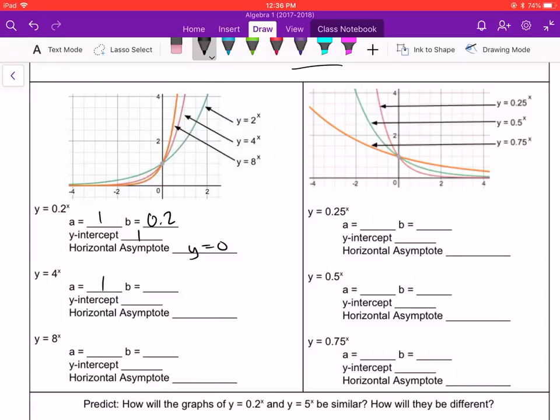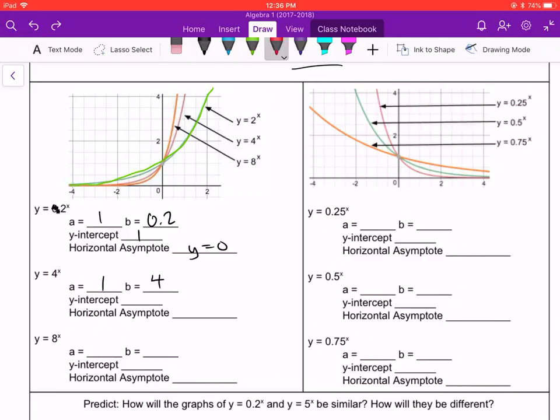If I have a y-intercept of 1, but I change b to 4, I guess this example was supposed to be 2. That makes more sense. 2 to the x, the green graph. Notice how wide it gets. That's your graph there. Notice how wide it gets. And then if I look at 4, notice how it's going.